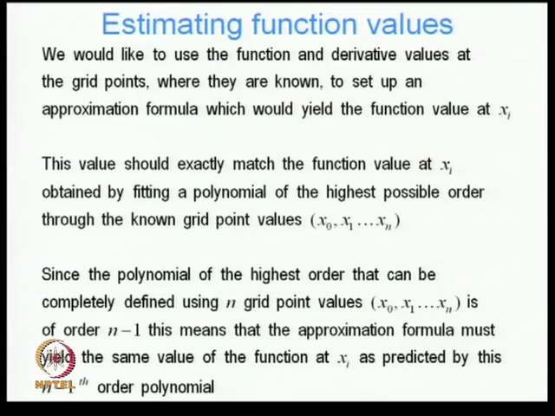I know the function values at x0, x1 through xn. So, the best approximation I can get is if I can fit a polynomial through those points. What I am saying is that I want to come up with an approximation formula for finding the function value at xi, but the criterion is that my approximation formula must give at least the same value as I would get if I fit a polynomial through those n plus 1 points.